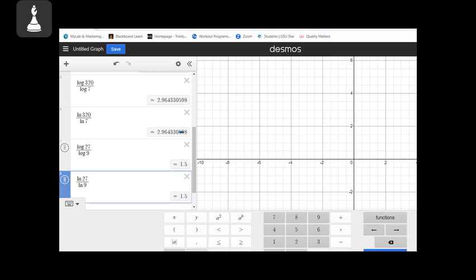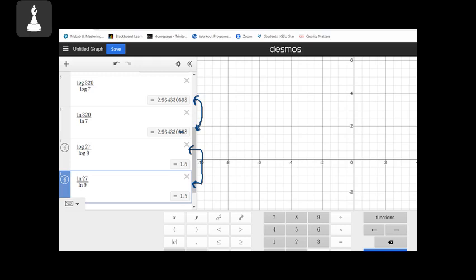They both give you the same answer here, so it doesn't matter which one you're using, log or natural log. Just make sure you use the same one for both parts. And then the same for the second here. Again, you always take the larger written font number over the smaller font number. So the base is always the one on the bottom, and then you'll get your answer here.